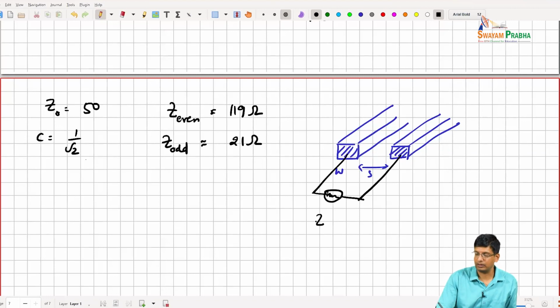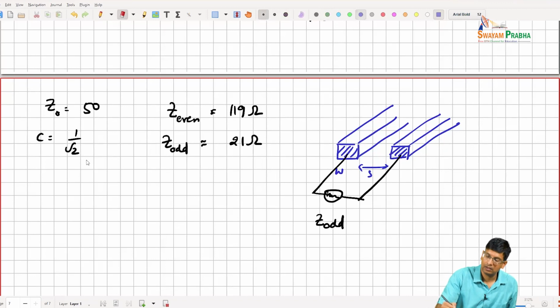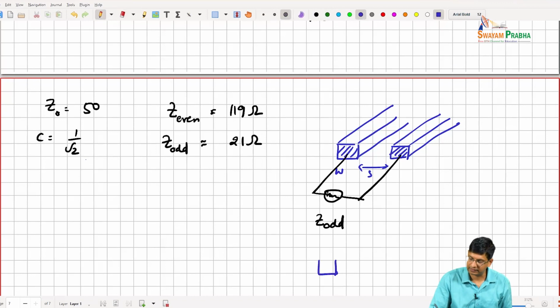And calculating what Z odd is, right? And then I can take the same structure and simulate it.